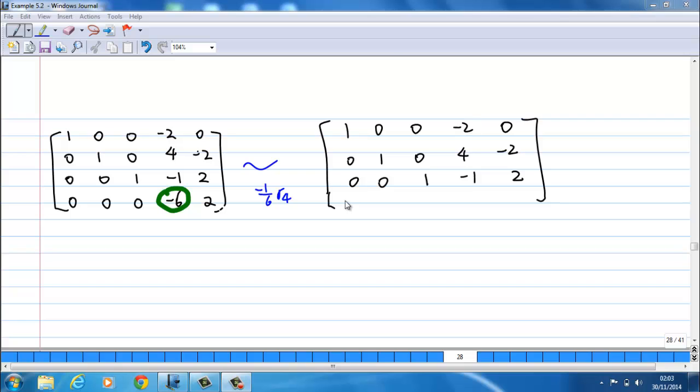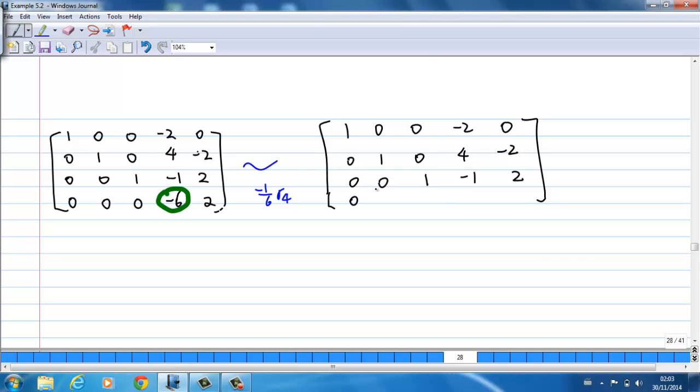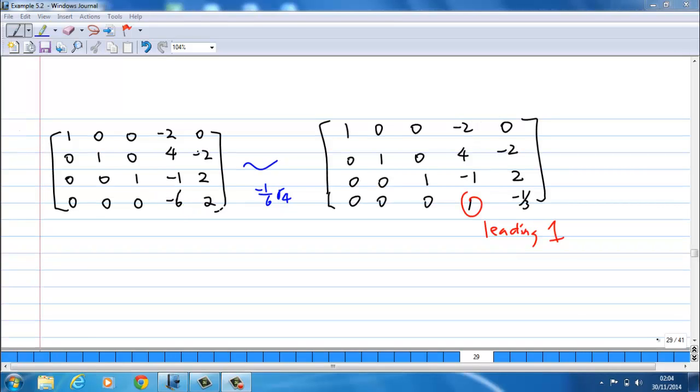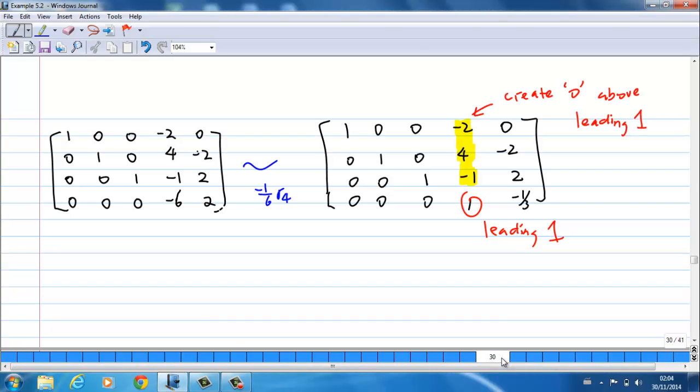After we multiply, the new fourth row becomes 0, 0, 0, 1, minus 1/3. Now that we have a leading one in the fourth row, we must create 0 for all the entries above this leading one.